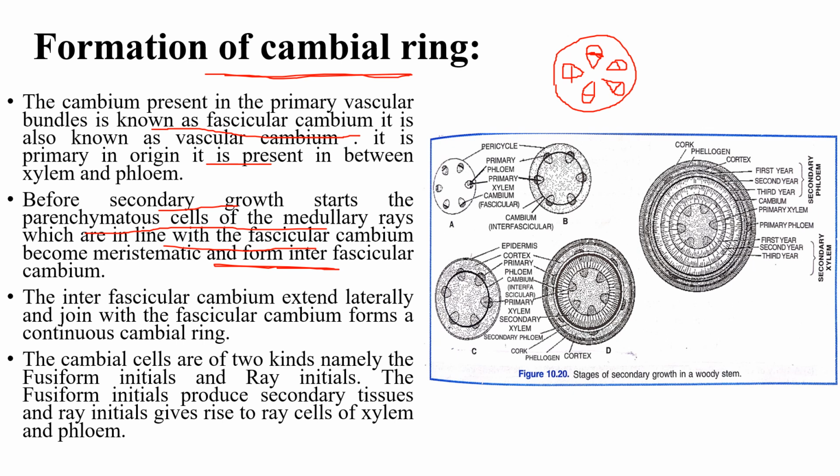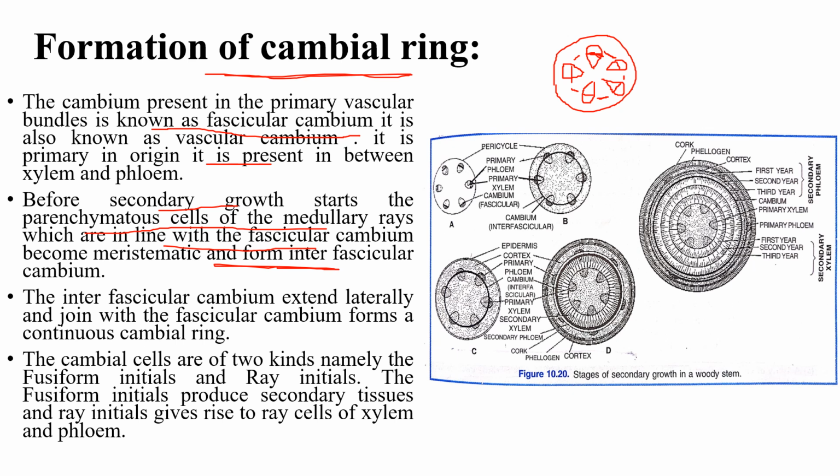These are fascicular cambium. During secondary growth, these parts are known as medullary rays. Between vascular bundles, medullary rays are present. These parenchymatous tissues are called medullary rays.